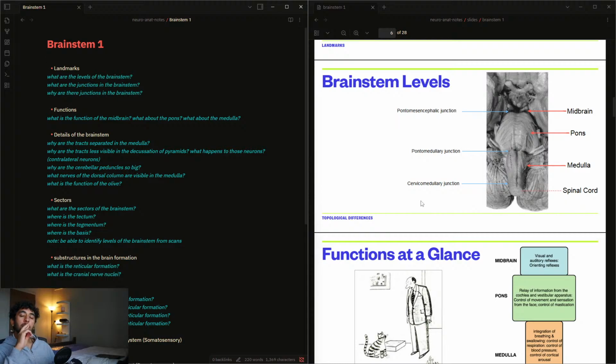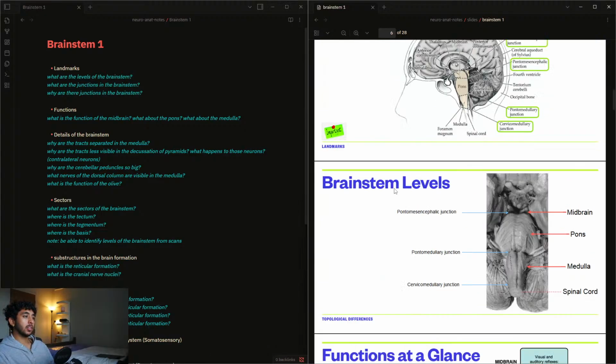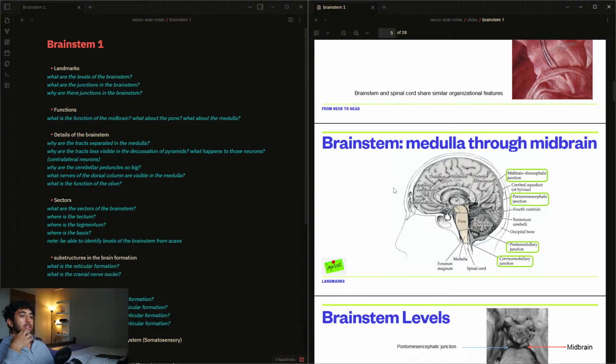There's the midbrain, pons and medulla. Above the midbrain is the midbrain diencephalic junction, because it's between the midbrain and the diencephalon.